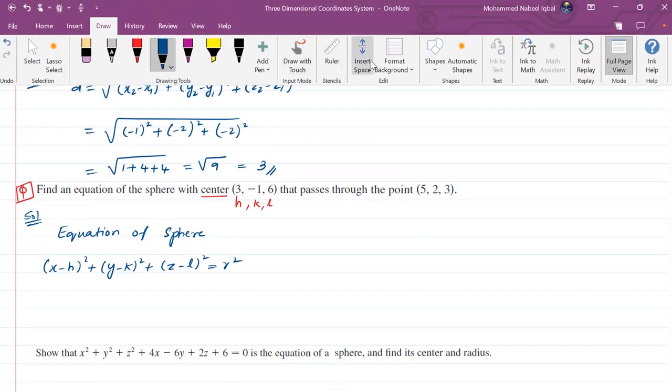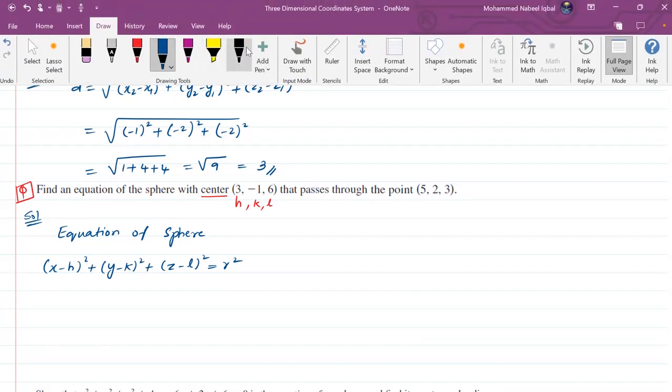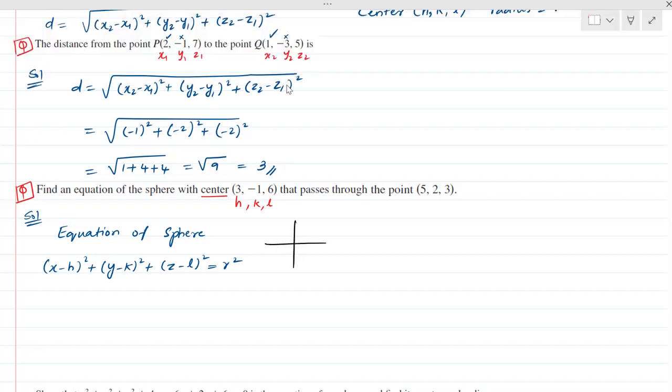Now before solving this problem we have to know what is actually given here. So this is the sphere here in 3 dimension, in which these points are given.